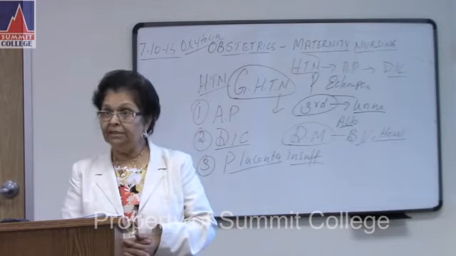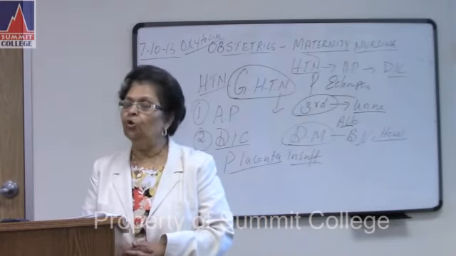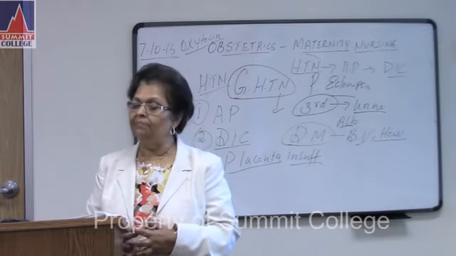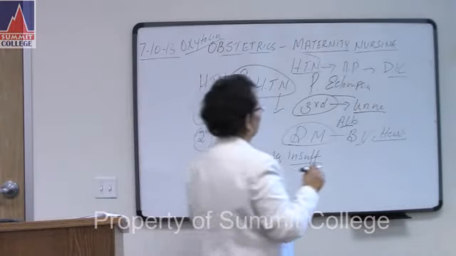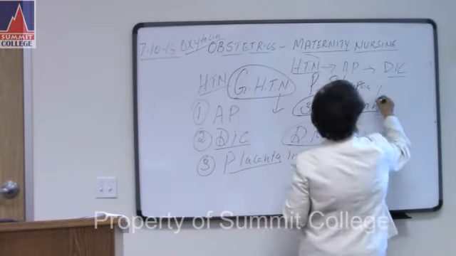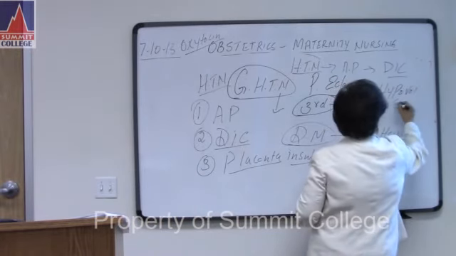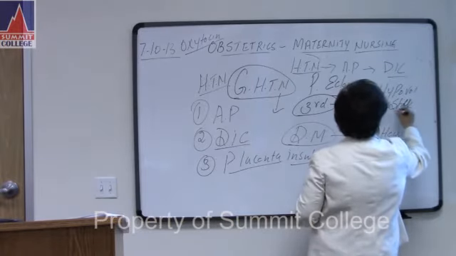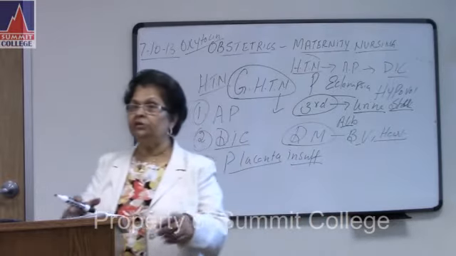And the sign of HELLP is pain in the right upper quadrant. So where is the pain? Upper quadrant or epigastric tenderness, and I want you to highlight the word: what is it leading to? Hypovolemic shock.